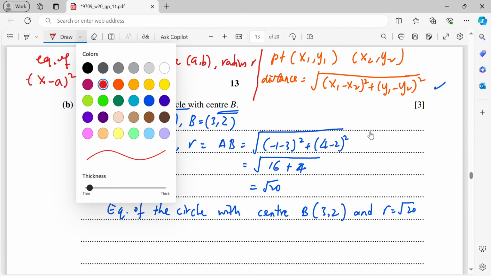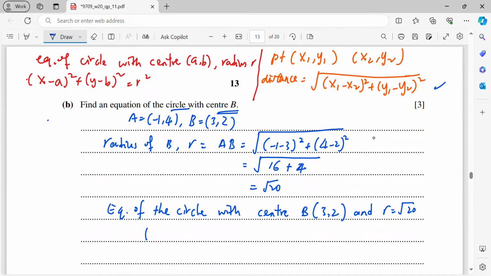That means from here I will get (x minus 3) squared plus (y minus 2) squared equals the square of the square root 20. That means you will be getting (x minus 3) squared plus (y minus 2) squared equals 20. So that's all for part B.